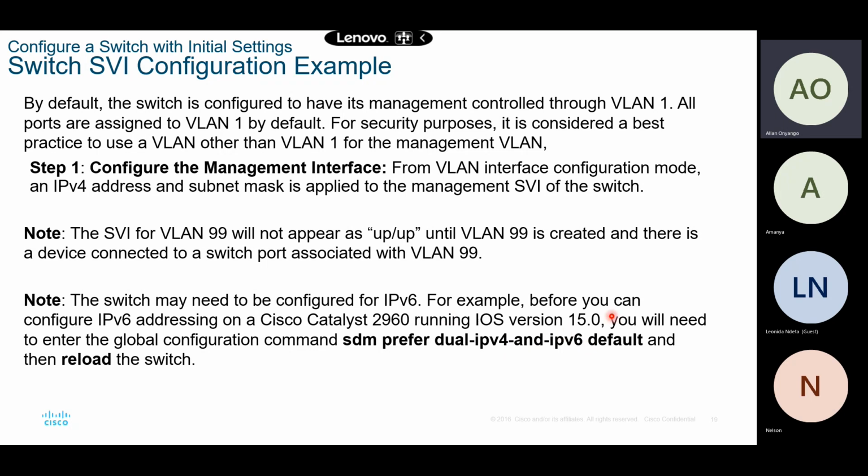Once you put this command, then you're going to need to reload the switch. And when you reload it, the switch is now going to accept both IPv4 and IPv6. So that is very important for us to note.